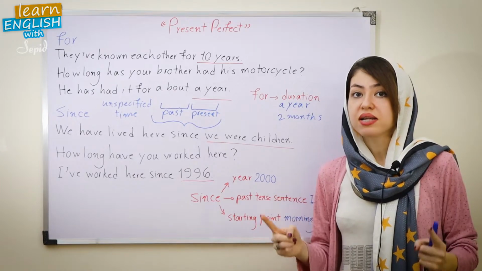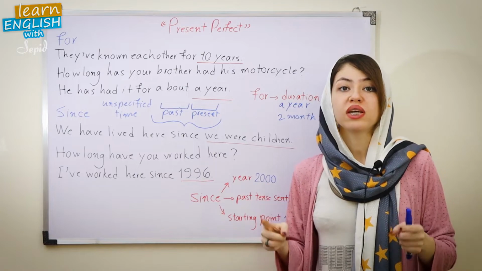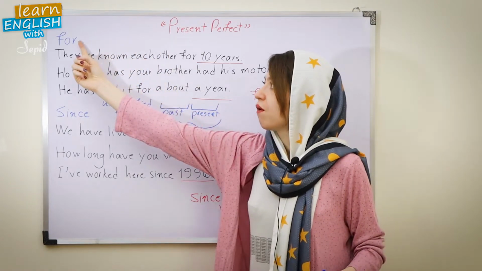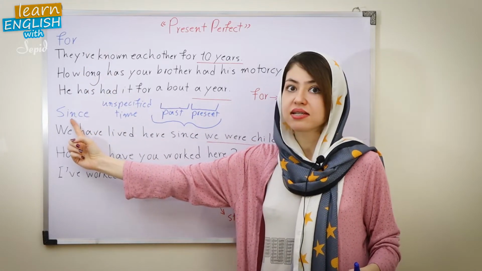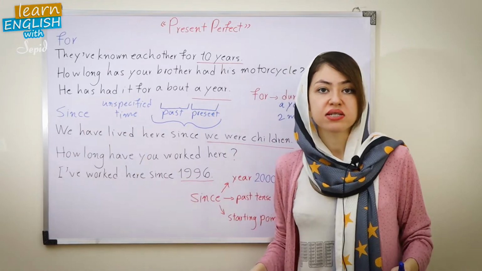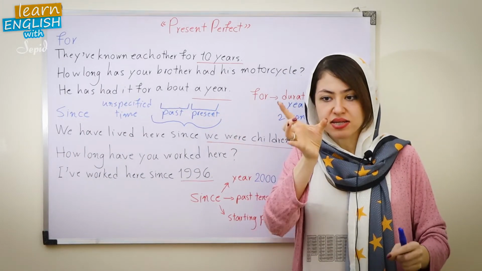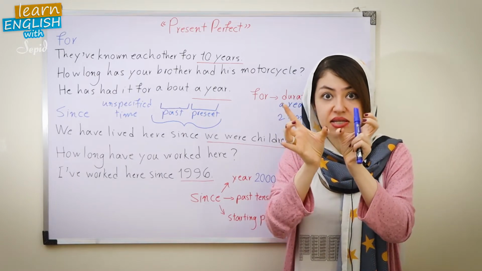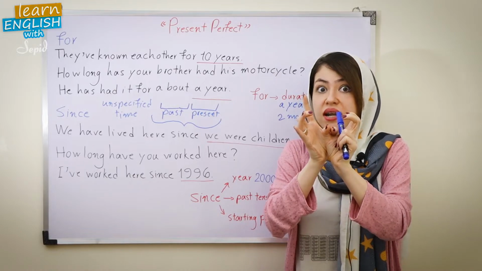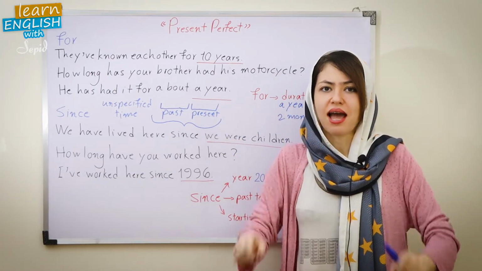So, in present perfect tense, in order to show the unspecified time, you should use for and since, okay? Why? Because present perfect is a tense which considers the present and the past as a single tense, okay? They are not separate in present perfect. They are single tense. That's it.